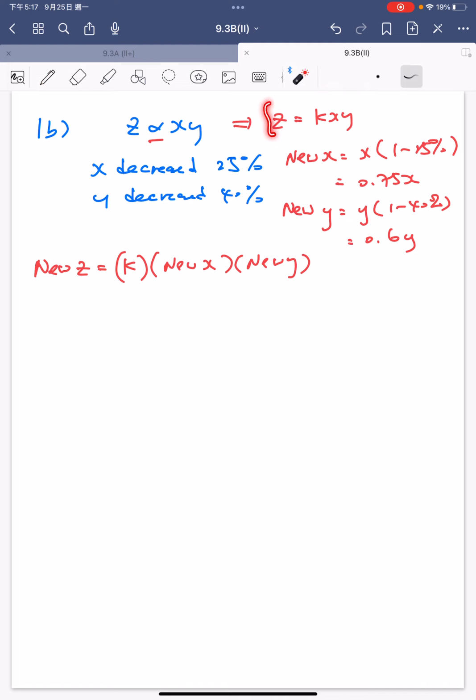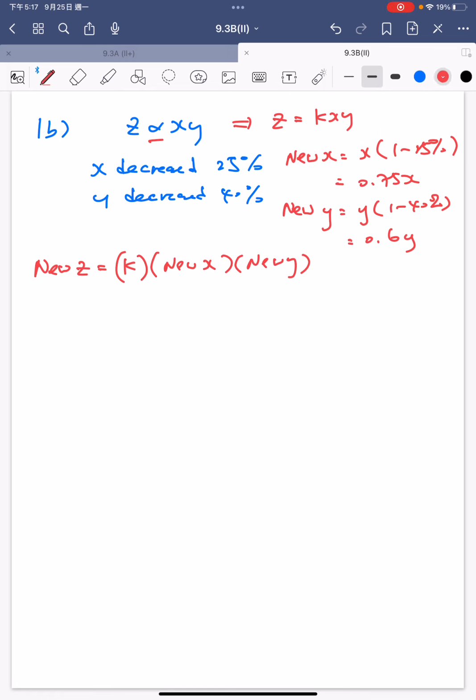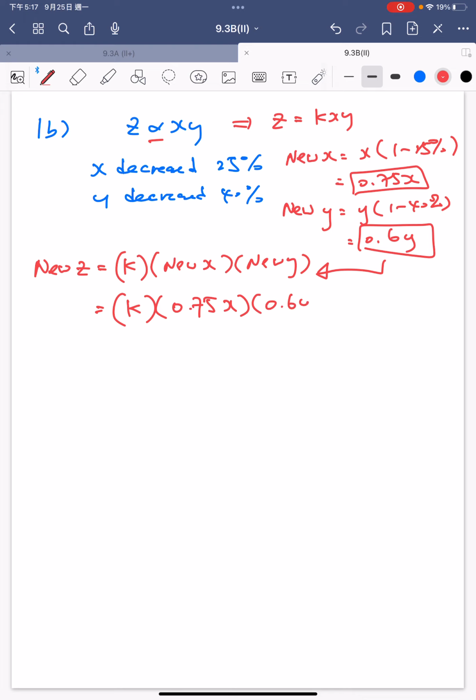So as z is equal to kxy, we change z to new z, x to new x, and y to new y. Then we substitute the new values back into our equation. The new z is k times 0.75x times 0.6y. Using the calculator, 0.75 times 0.6 gives 0.45 kxy.